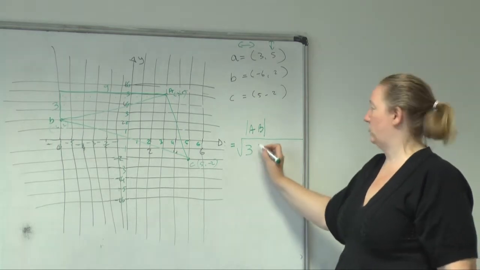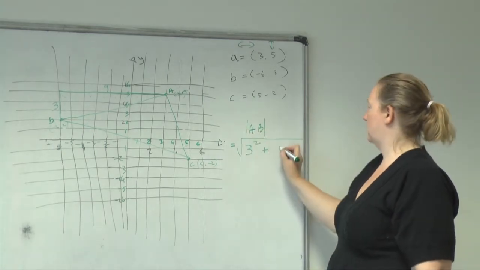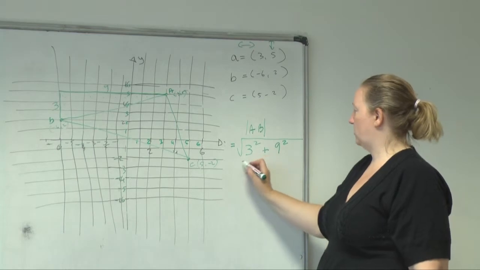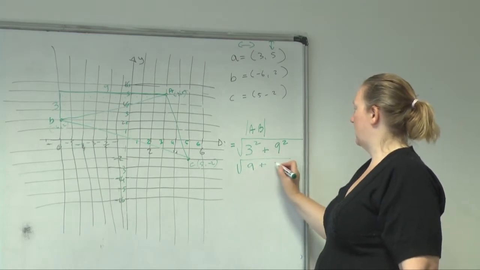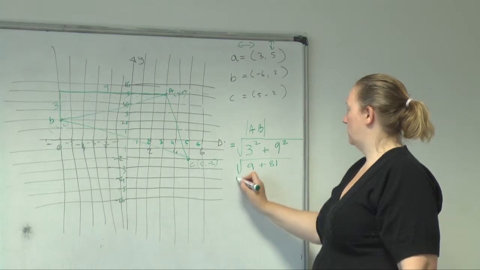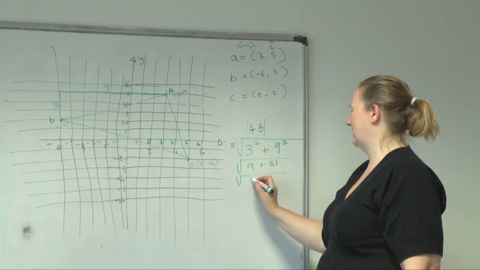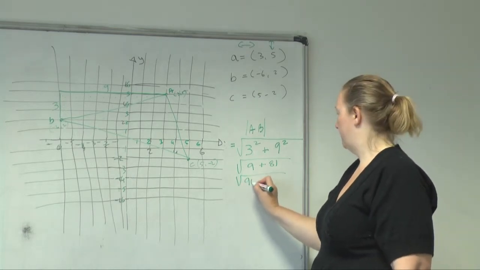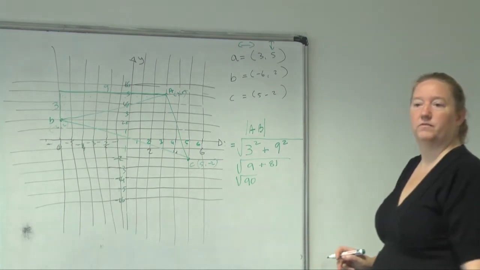Put that in your square root sign, and you have to square it, plus 9 boxes across to be squared. So 3 squared is 9, plus 9 squared is 81. So it's the square root of 9 plus 81, which is 90. It's the square root of 90.